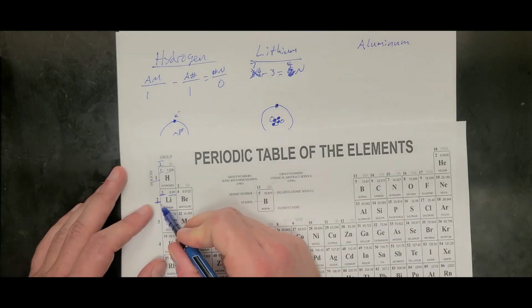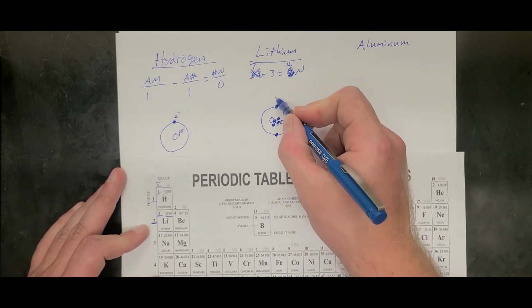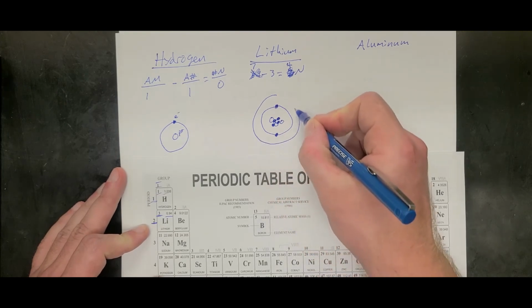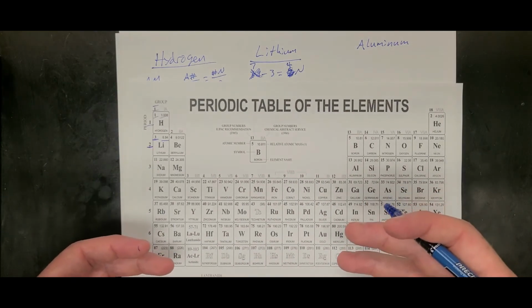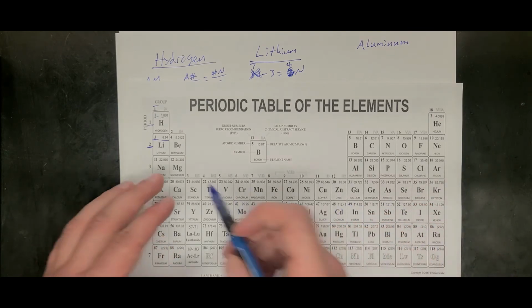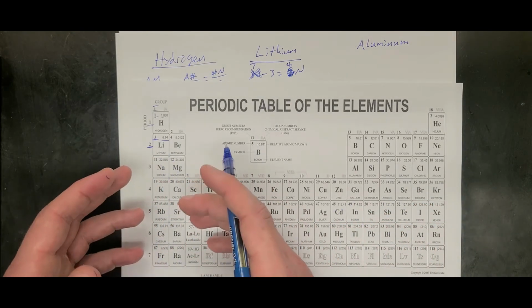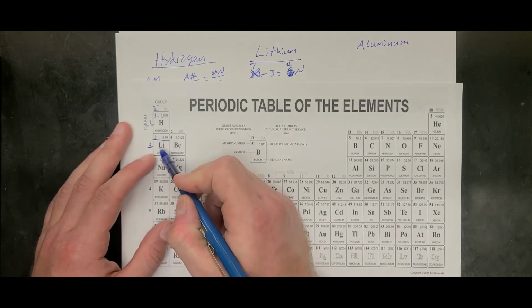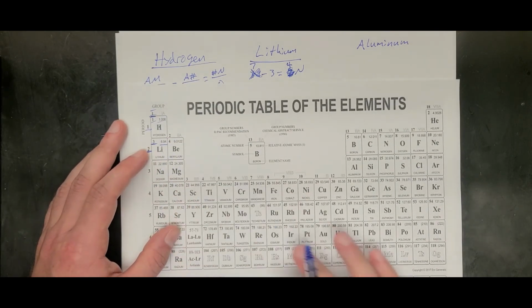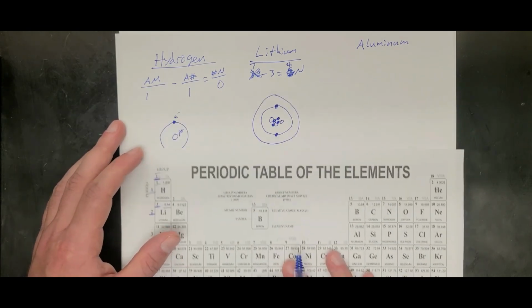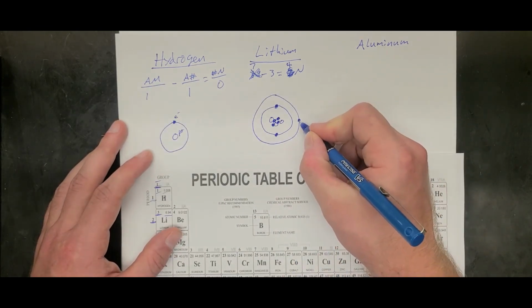Then we get to the second energy level. We will go ahead and draw that. And we're just going to count the number of elements in this row until we reach lithium. And since it's right here in the first one, this group 1 means in this outermost shell here, it's going to have 1 electron. So we'll draw that right there.